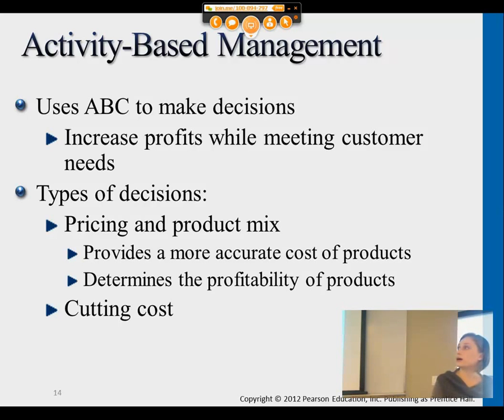Okay, so what kind of decisions are we making when we're talking about activity-based management? First, we want to identify what is the correct pricing and product mix for our company to achieve the goals. So it has two components. First, it will provide us more accurate costs of products, and then it will determine the profitability of that product.